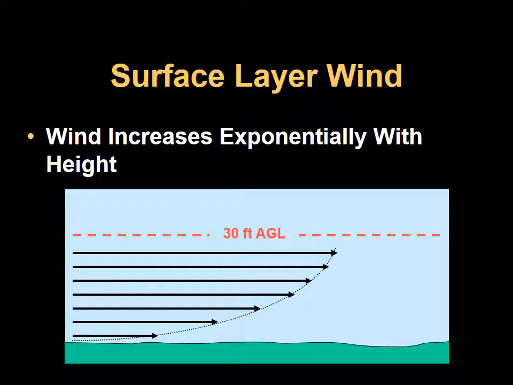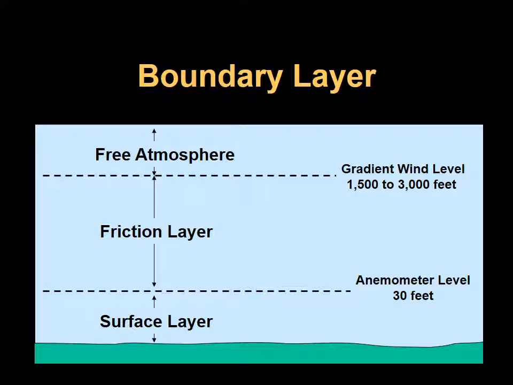So in the lowest layers of the atmosphere, the lowest 30 feet, maybe up to 100 feet or so, the wind increases exponentially with height. This is your surface layer wind. It does not change direction, it just increases in magnitude or in speed. So that's the surface layer.